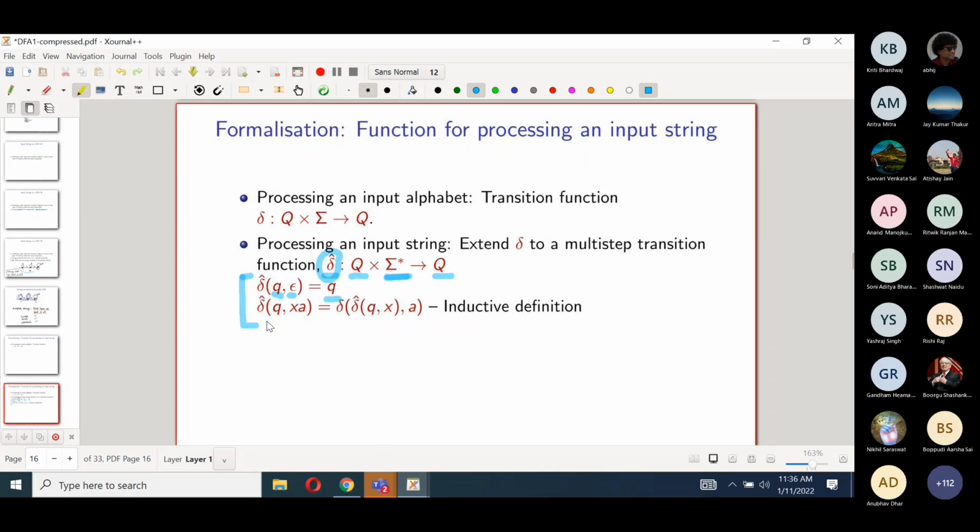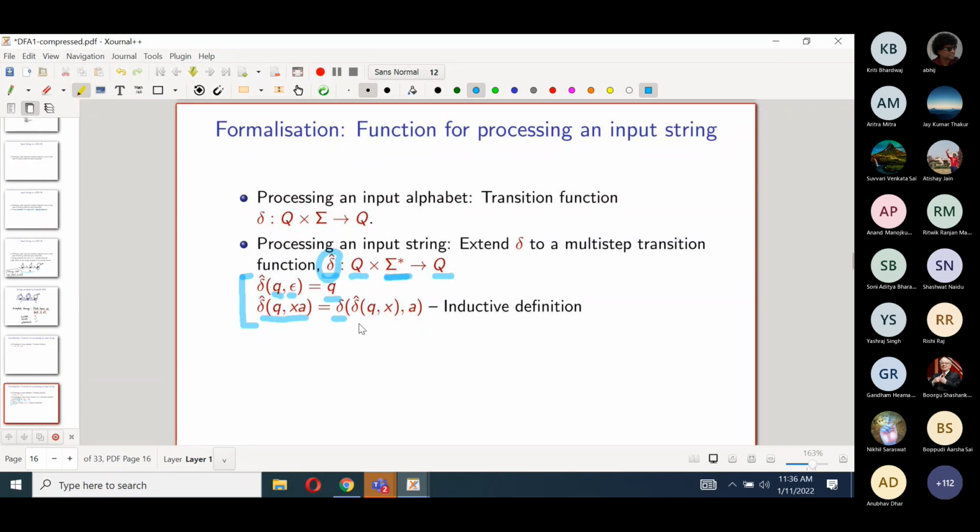And here is the inductive definition. If delta hat is reading Q and the string XA, where the last alphabet read is symbol A, then this can be defined in terms of delta and delta hat in the following way.